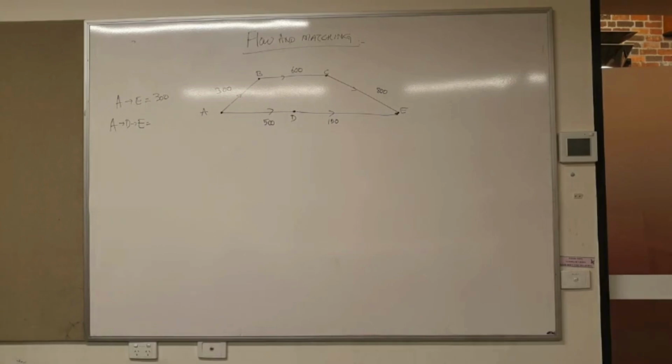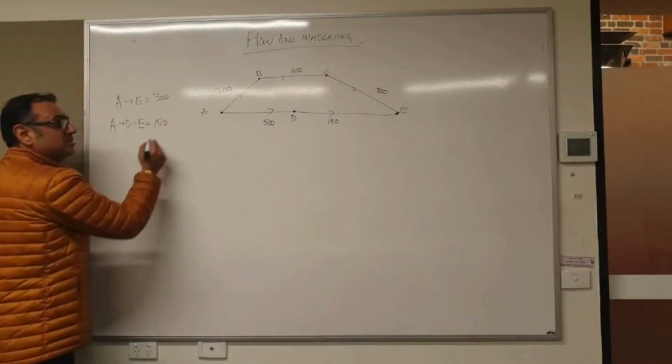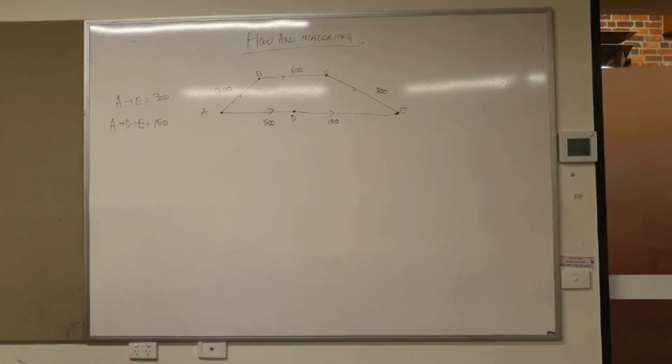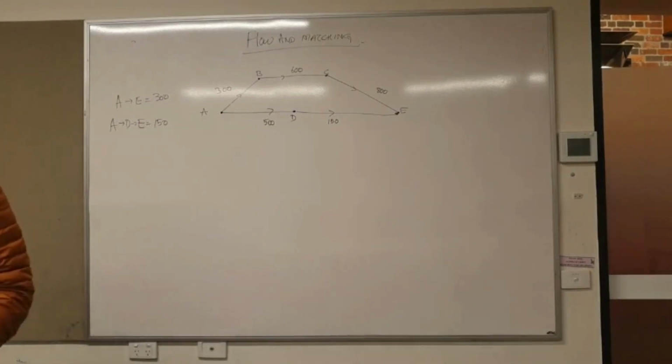Maximum. Speak louder. Does that make sense? 150. Yes? You know why, right? Maximum flow equals the minimum capacity. 150. Cool. Good job.